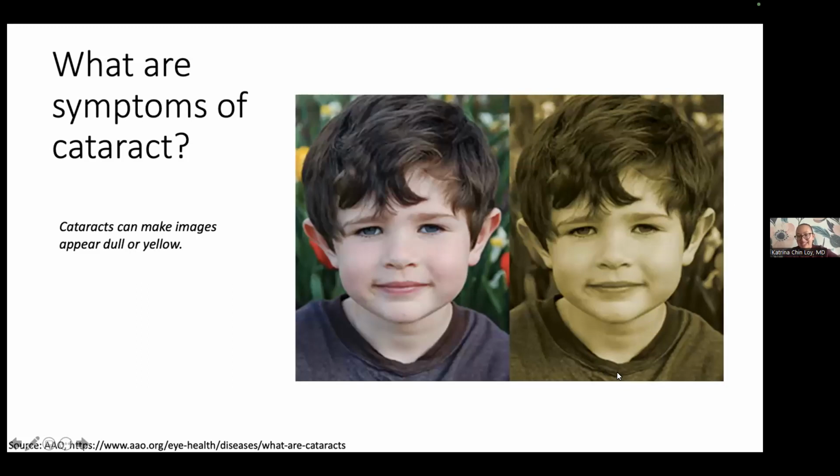This is obviously very sepia toned, but if you imagine, as that cataract goes from clear to brown, like I showed you in the beginning, the images are going to have that same kind of tint. Going from something that has a lot of different colors to the color appearing washed out, or maybe even a yellow or orange tint, and just looking overall dull.